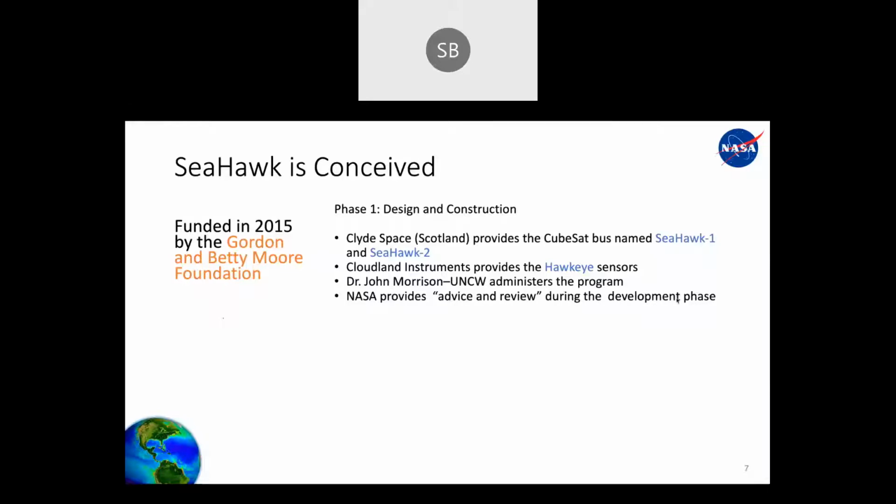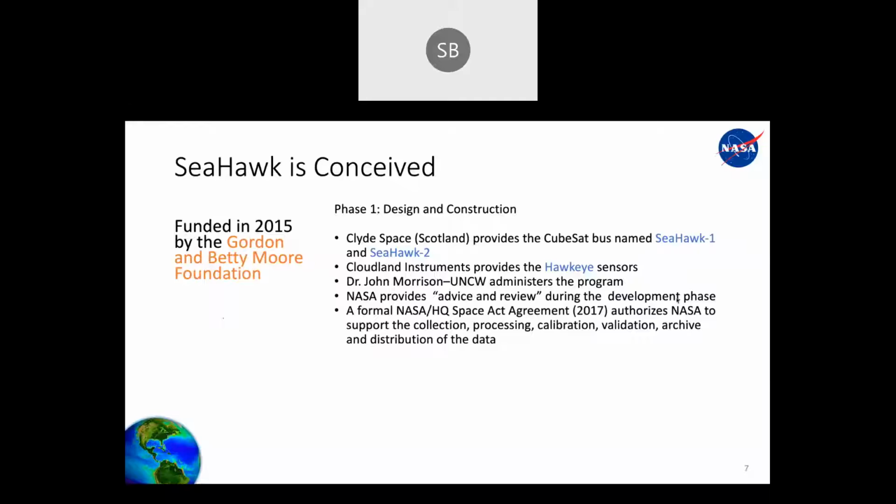We at NASA here were brought on to advise and to review during the development phase of the program. And ultimately, a formal NASA Headquarters Space Act agreement in 2017 was signed, which authorized us to provide support for the collection, processing, calibration, validation, archive, and distribution of these data.